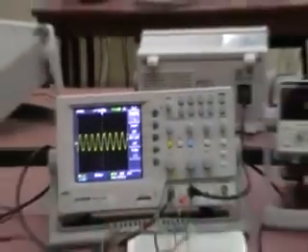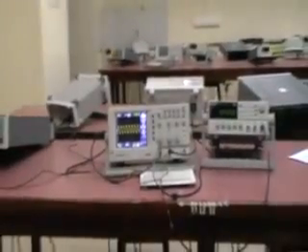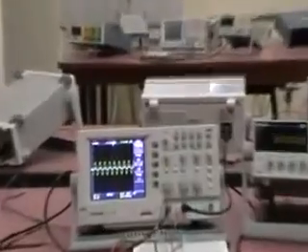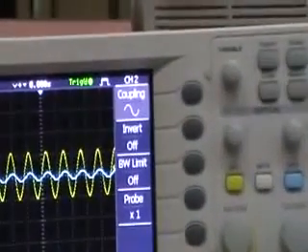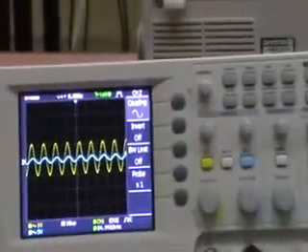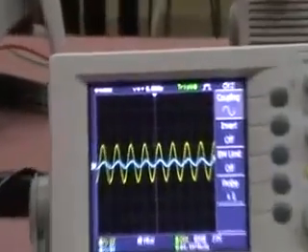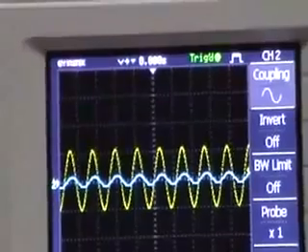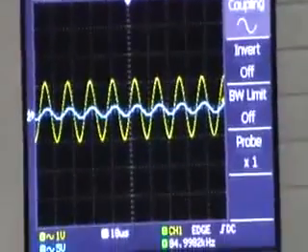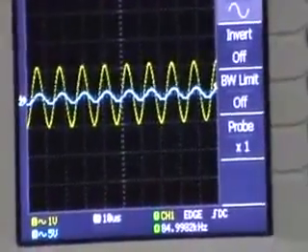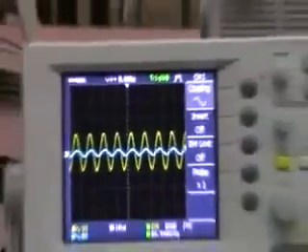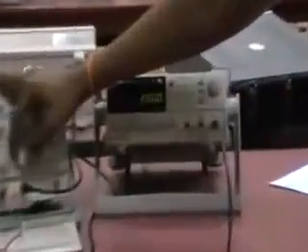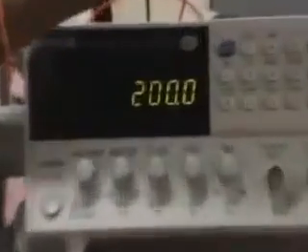So after keeping this, we have to observe the output waveform. So on the channel 2, you can observe the output waveform there. And now the main important part is, we should observe the Vi and V0, means input waveform and output waveform at different frequencies, starting from 200 Hz.